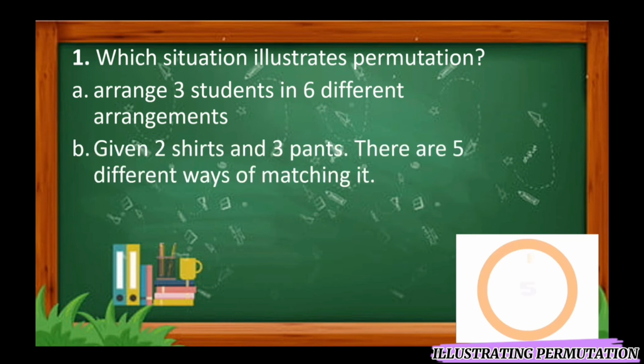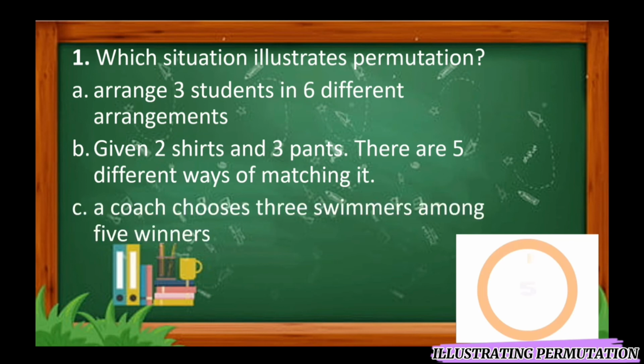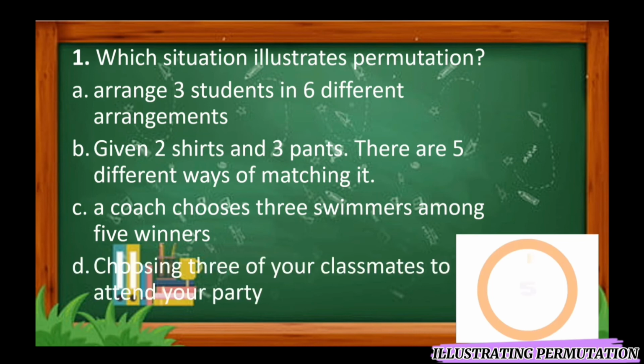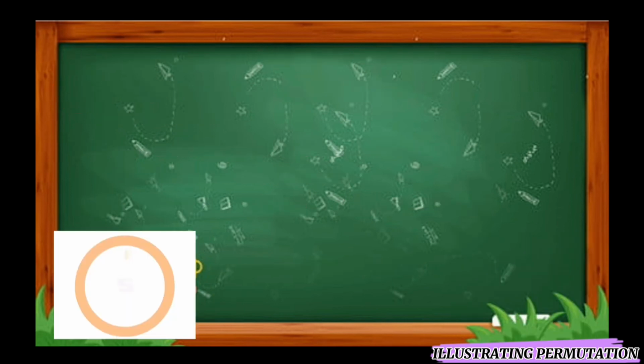B. Given 2 shirts and 3 pants, there are 5 different ways of matching them. Letter C. A coach chooses 3 swimmers among 5 winners. Letter D. Choosing 3 of your classmates to attend your party. And the correct answer is letter A. Arranging 3 students in 6 different arrangements.